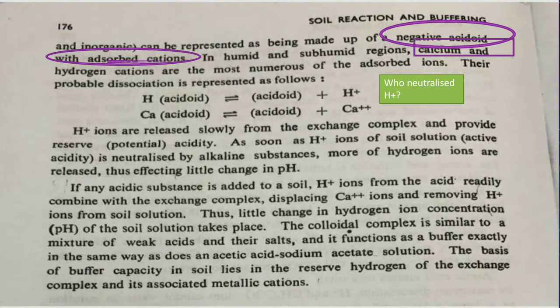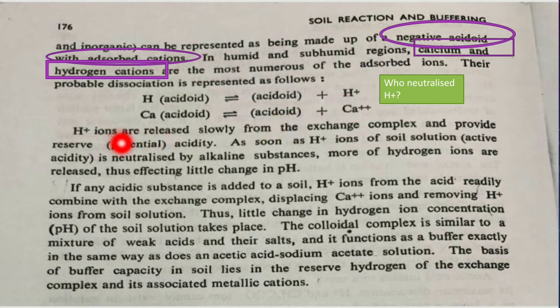Calcium and hydrogen cation. Their probable dissociation is represented as follows. You can see those buffering reactions in the soil.